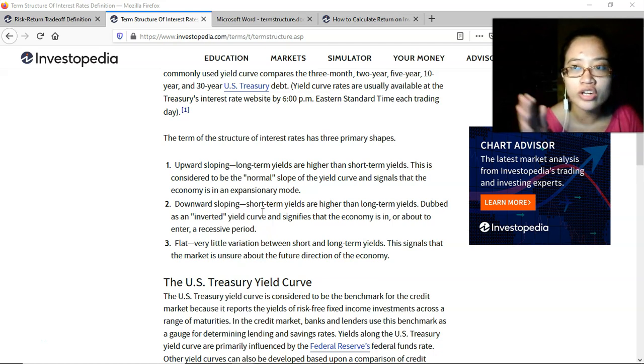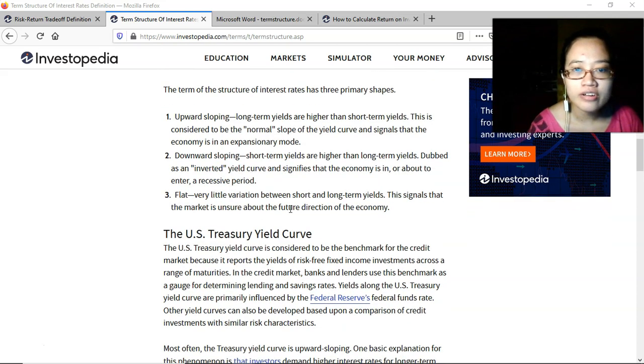So that's why they are trying to compare the different rates applicable to investments with different maturity, especially government bonds. Okay, that's how they assess in what stage the monetary policy is in, or the economy is in, by checking how the monetary policy is being implemented.